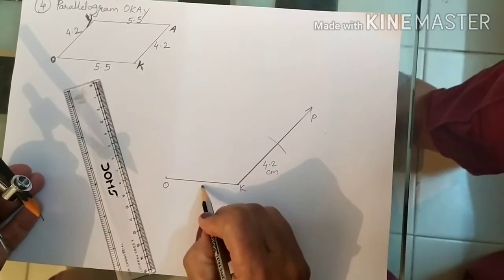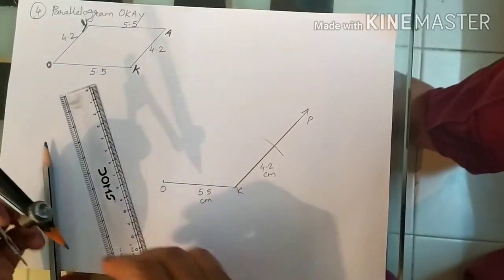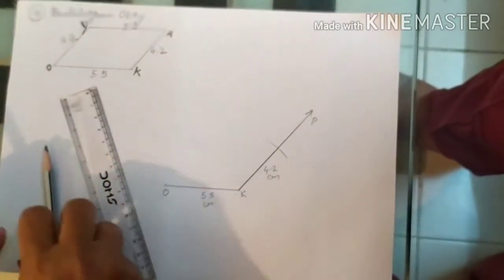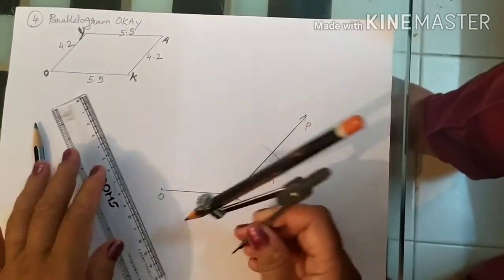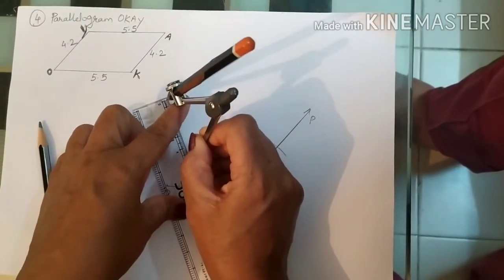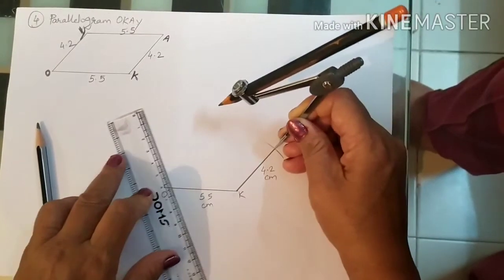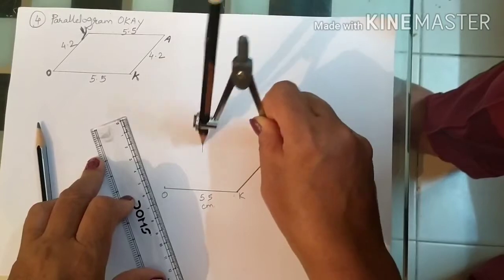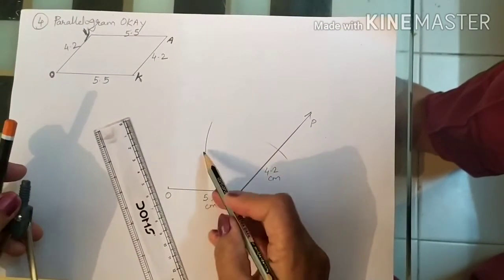Now this is 5.5 centimeters. Opposite sides are equal in measure. So from point A we will take again the measurement of 5.5 centimeters and cut the arc here. Now this is 4.2, so this line will also be 4.2.